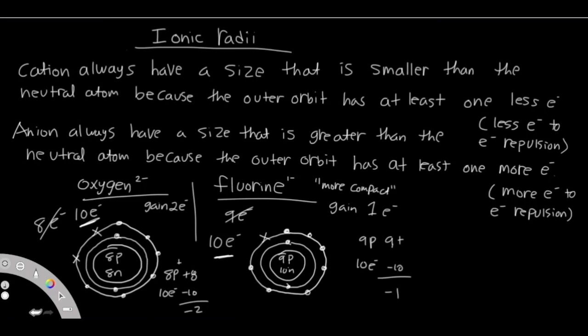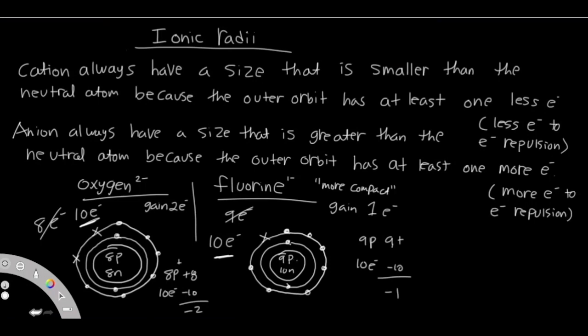Why is that the case? Fluorine, again, 9 protons. There is more protons in the middle. If there are more protons, this means the electrons on the outside are wanting to go towards the center more because there is a greater number of protons. This is what they want. More protons are better for them.